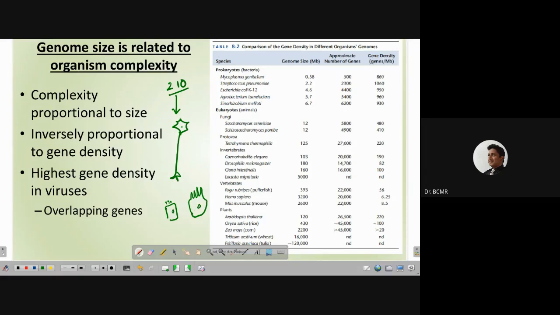The genetic content in the neuron or in the intestinal epithelial cells, the genome is the same, yet they have highly different form, morphology, and function. And the process of forming different types of cells is differentiation.